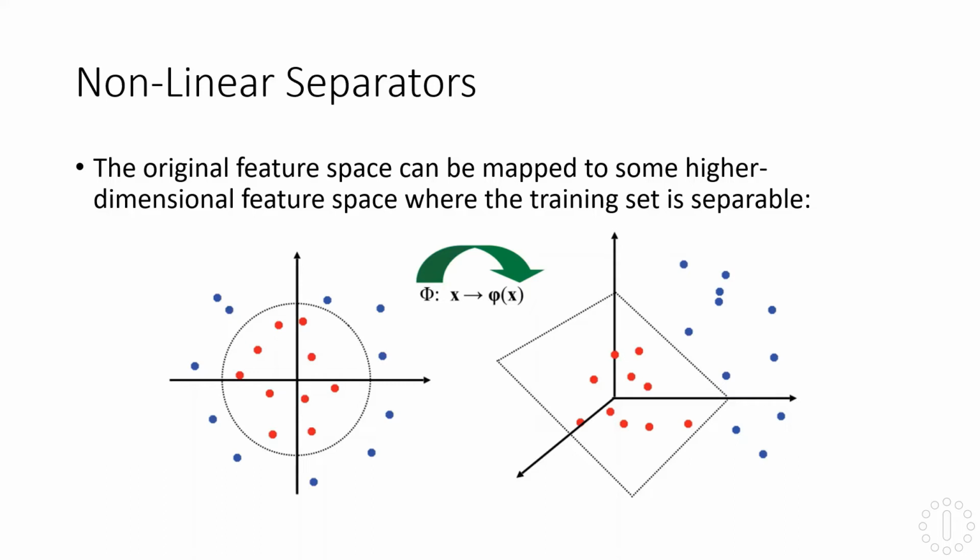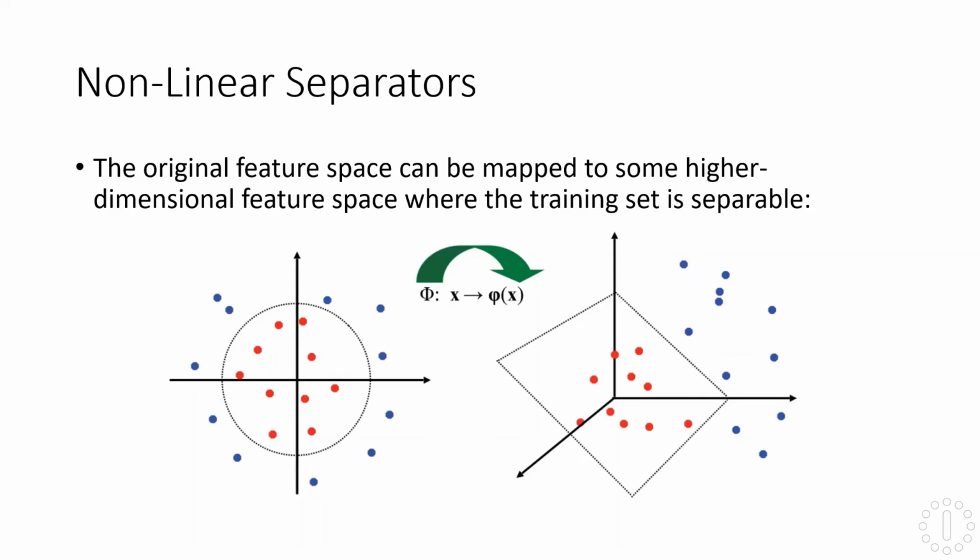For example, here we have a coordinate system, so a two-dimensional space in which we want to decide which dots are red and which ones are blue. If we can't separate the data linearly in this space, we could map this to some higher dimensional space, so we can add additional features which will make the data linearly separable.